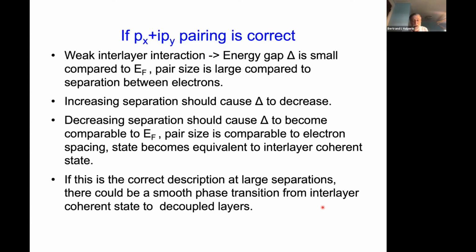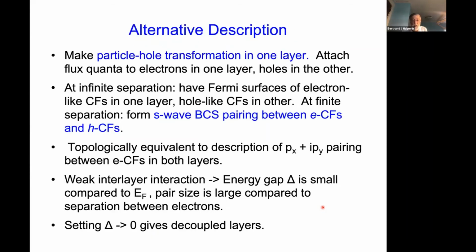On the other hand, decreasing separation should let delta become comparable to EF, then the pair size becomes comparable to the electron-electron spacing, and the state becomes equivalent to a tightly bound interlayer coherent state, a condensation of tightly bound excitons. And if this state is correct, then there could be a smooth transition as a function of separation.